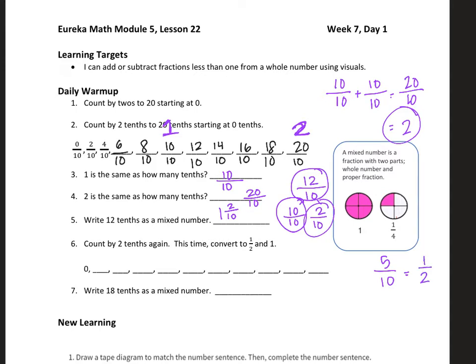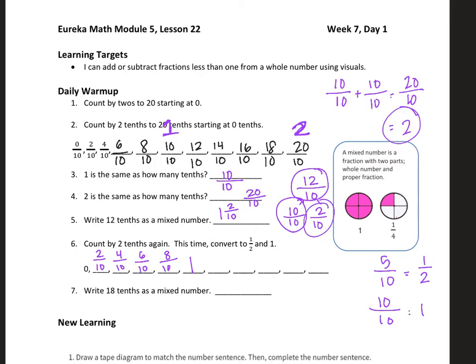Okay, so let's start counting. And when we get to 5 tenths, we're going to convert to 1/2. And when we get to 1 whole, or when we get to 10 tenths, which is the same as 1 whole, we're going to write 1 instead of 10 tenths. Okay, so we have 0, then we have 2 tenths, 4 tenths, 6 tenths, 8 tenths, and now we have 10 tenths, but instead we're going to write 1 whole.